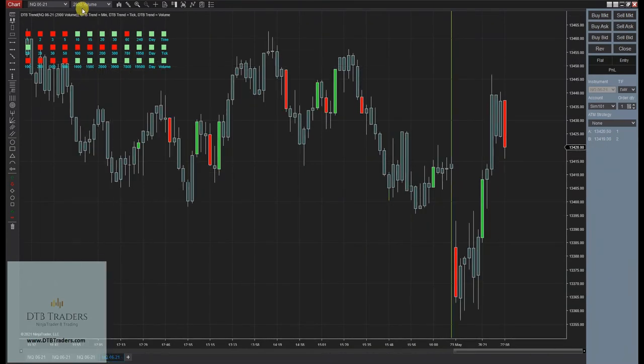Here's an example of a 2000 volume chart. The last signal for this indicator was a buy, basically showing uptrending momentum, so the last bar is green. This is going to change throughout the day, so you'll notice these boxes change colors based on the different trends.